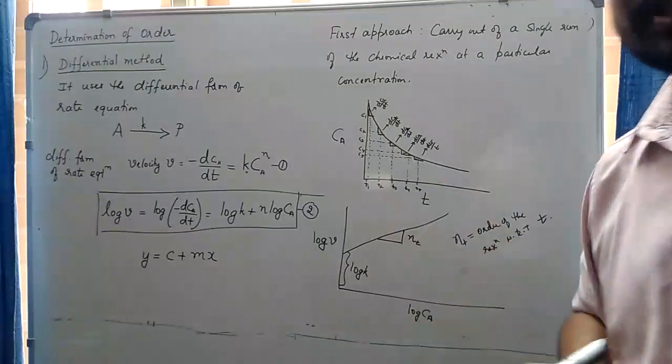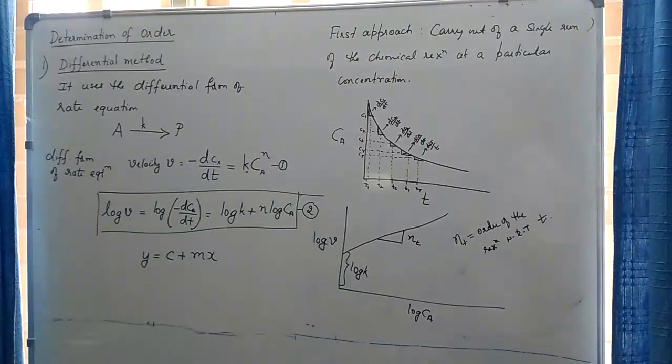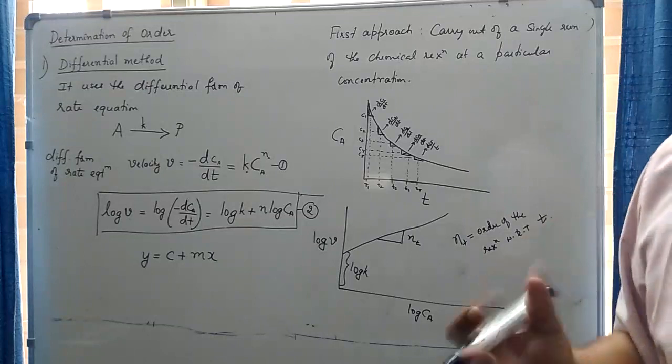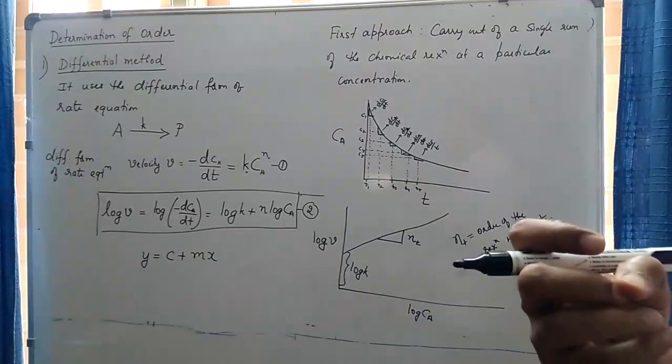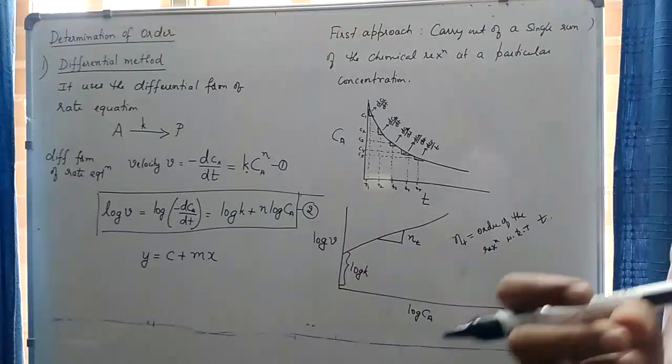But this method has a very important disadvantage. In some cases the rate of the reaction may be influenced by the product that is formed in the reaction.